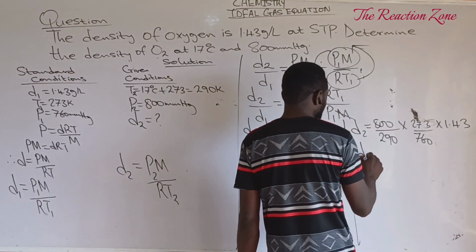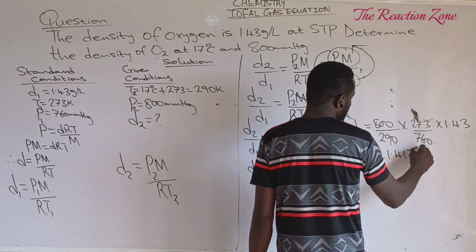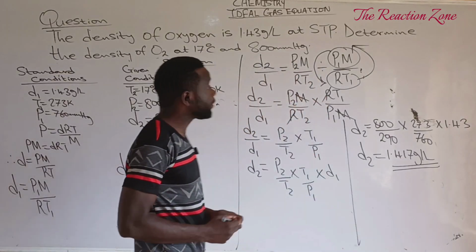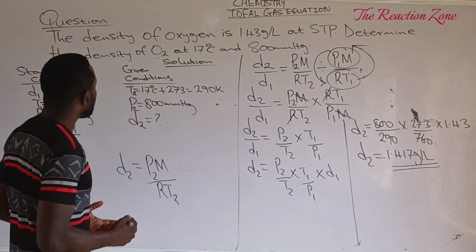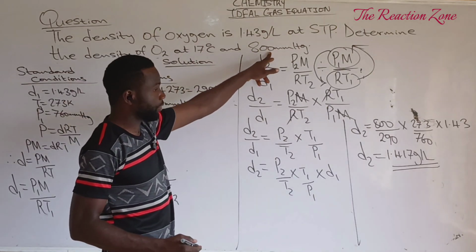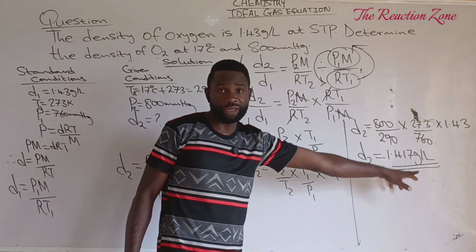And when this is solved, the value of D2 is going to be 1.417 grams per liter. So this means that the density of oxygen at 17 degrees Celsius and 800 millimeter mercury is going to have a value of 1.417 grams per liter.